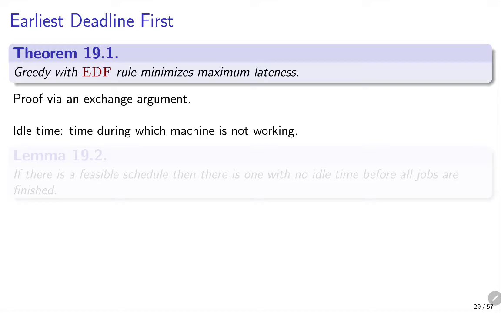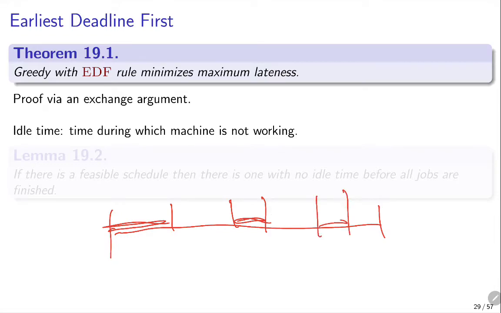So the first technicality we have to handle, which is kind of a silly technicality, so I'm just going to mention it without spending too much time on it, is: look at a schedule and assume that you have gaps, right? Where you're not scheduling anything. This is idle time. Now, humans need idle time, we need vacation time, but computers don't.